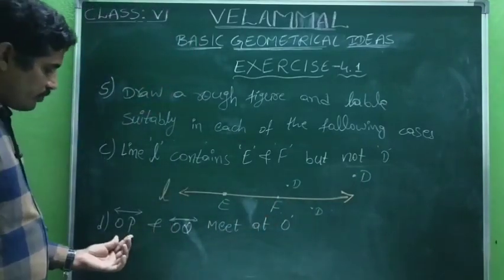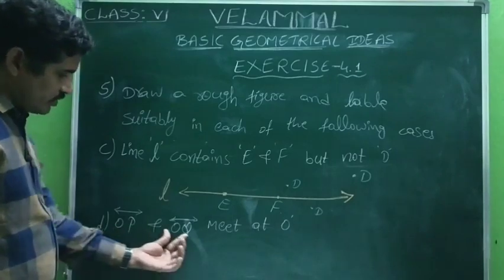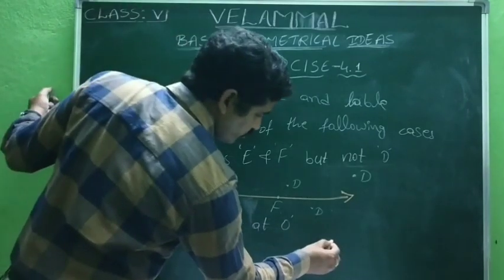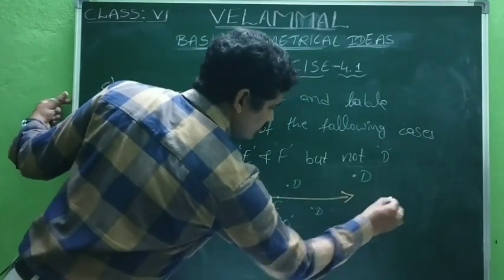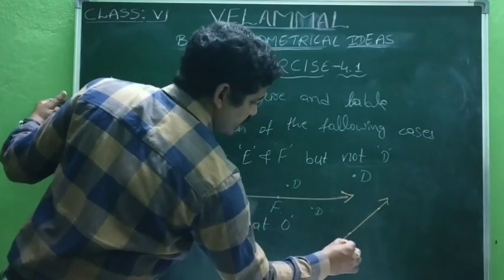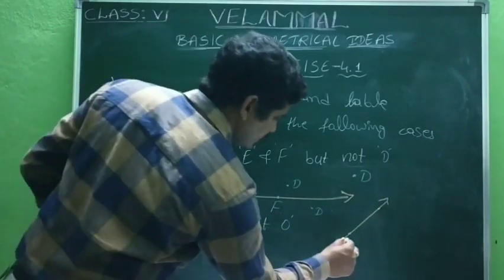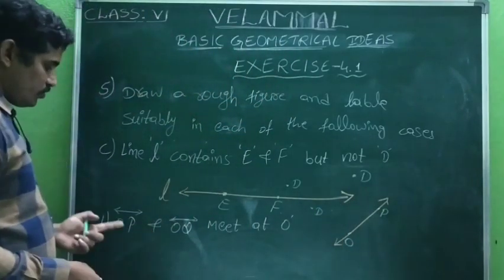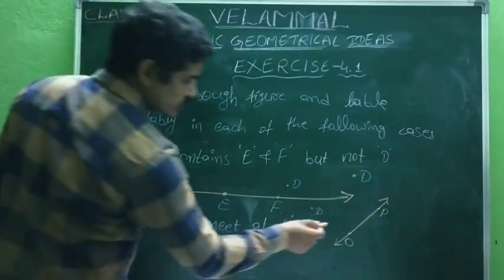Next is OP and OQ. Line OP and line OQ meet at O. Draw the line OP. I am taking this as the point O, and this as P. Now one more line OQ is also there.